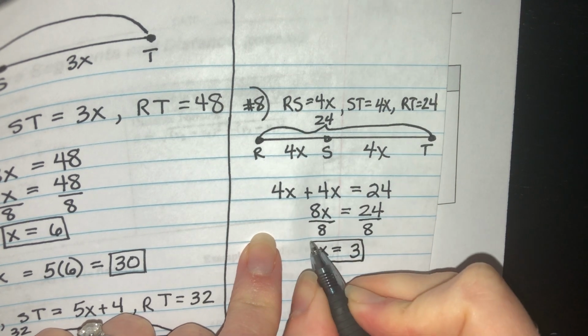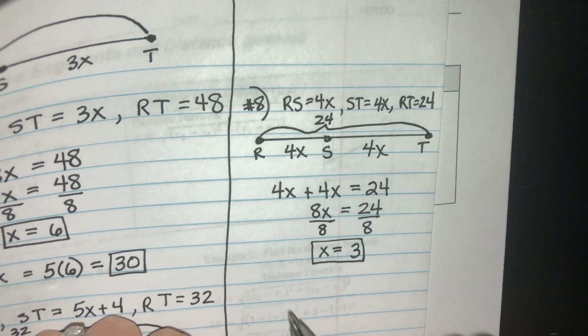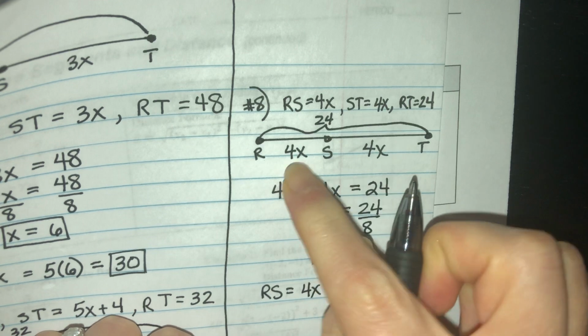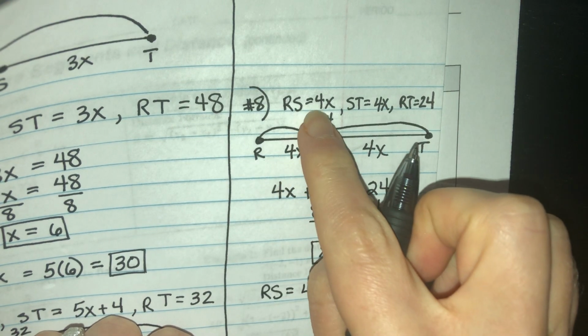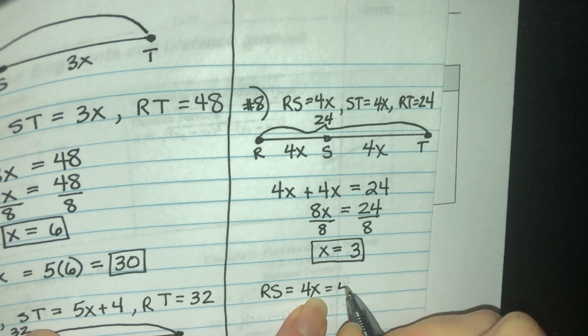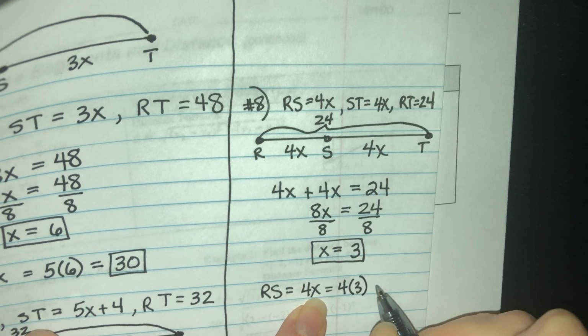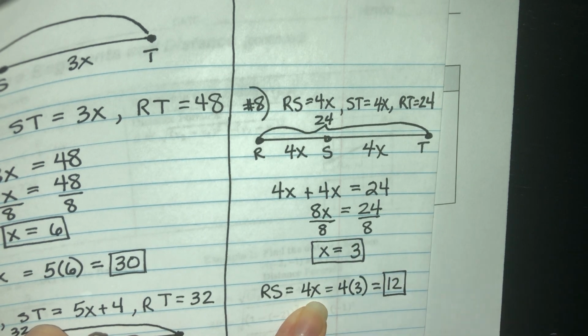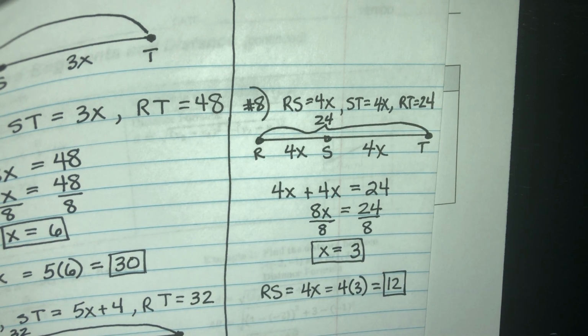So x is equal to 3. And now RS is equal to 4x. That's what they gave us at the beginning. So I'm going to fill in the 3 for the x. So that's 4 times 3, which gives me 12. The length of segment RS is 12.